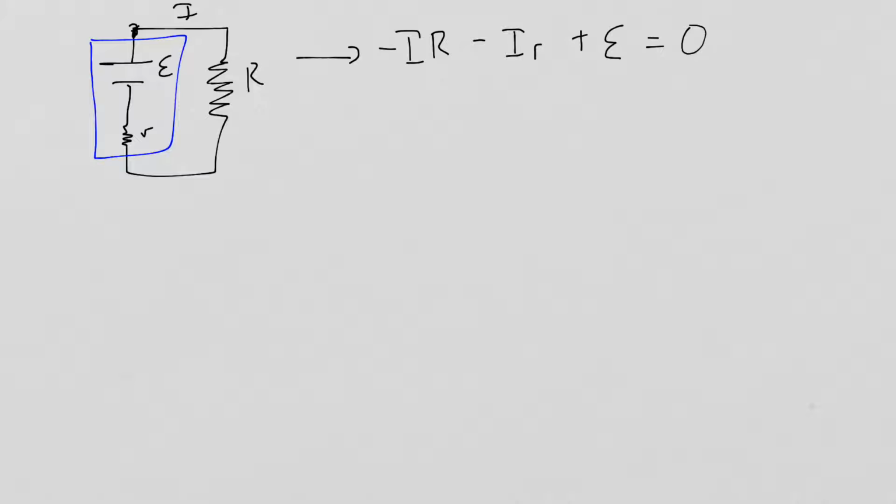We don't know a huge amount, but we do have graphical data that tells us something about the current. The only thing I don't know is capital R, because it's variable and it's not given in the graph. But if I look a bit more closely, my graph has the potential difference between points x and y. Point x is here, and point y is there.